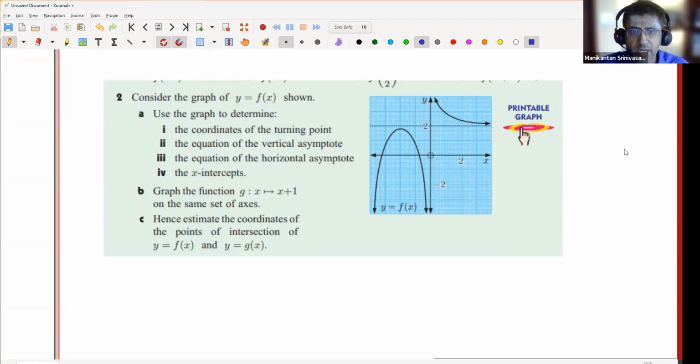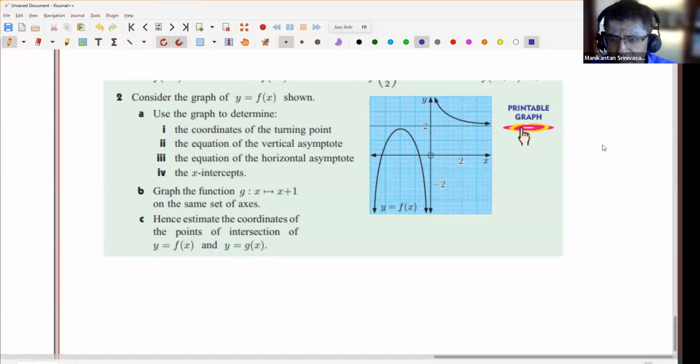Use the graph to determine the coordinates of the turning point, the equation of the vertical asymptote, the equation of the horizontal asymptote, and the x-intercept. So the turning point is fairly clear. I mean, he has drawn it reasonably to scale.